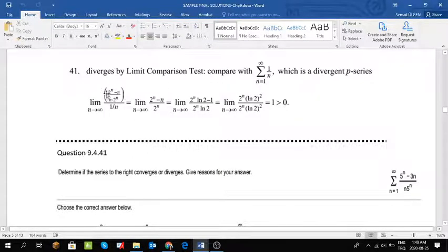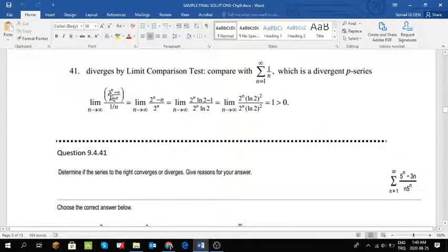Another version of this question is shown up here. The series has a_n equal to 2 to the n minus n over n times 2 to the n, which is similar to this. In this case, this is 5 to the n minus 3n over n 5 to the n.